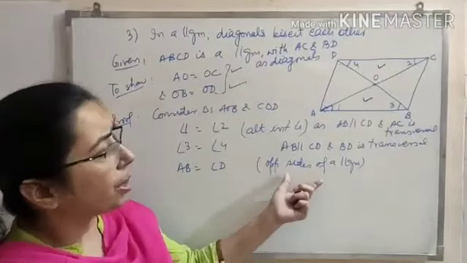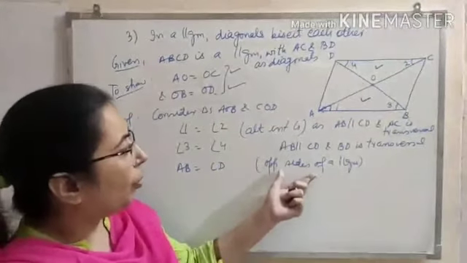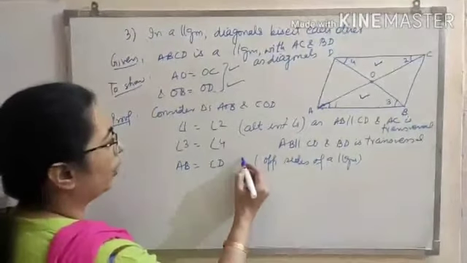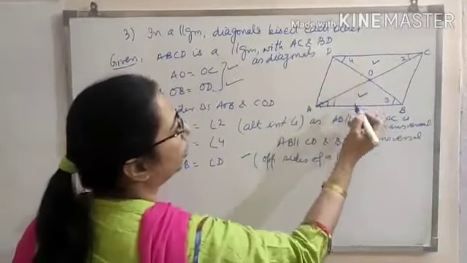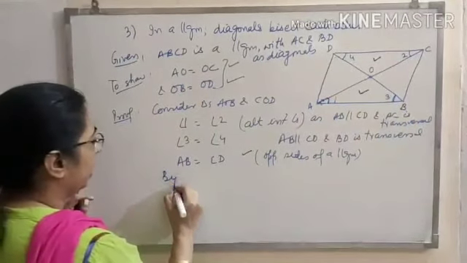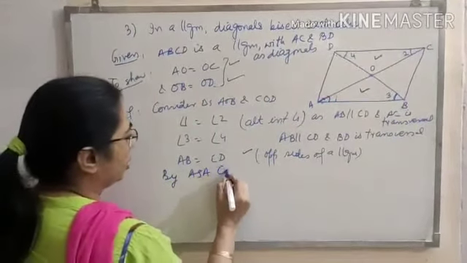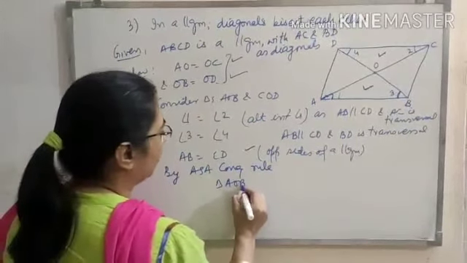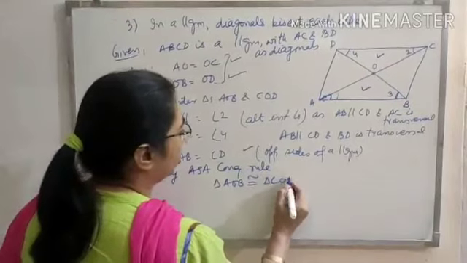Here we are using the proved property. We have shown that opposite sides of a parallelogram are equal. So now we are using it. So AB is equal to CD. So angle, side, angle. By ASA congruency rule, triangles are congruent. Triangle AOB is congruent to triangle COD.